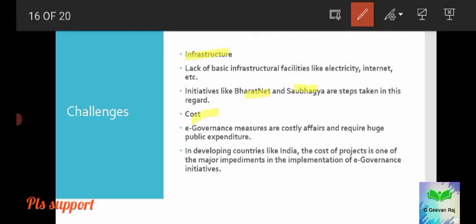In developing countries like India, the cost of projects is one of the major impediments in the implementation of e-governance initiatives. So the high cost of implementing the various e-governance programs is also a major problem when it comes to implementing e-governance in India.